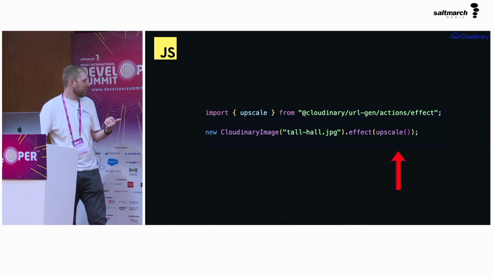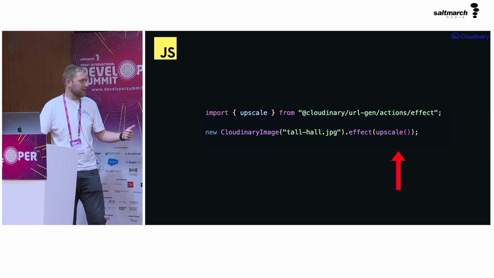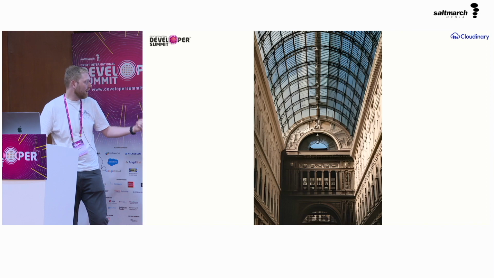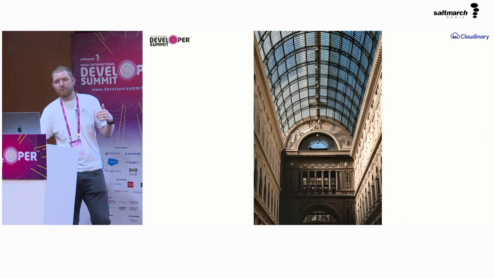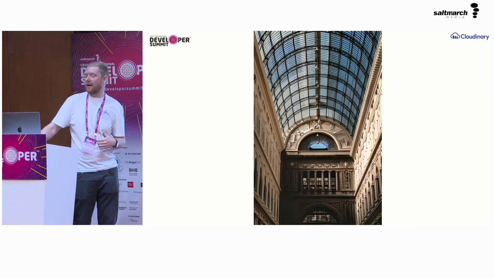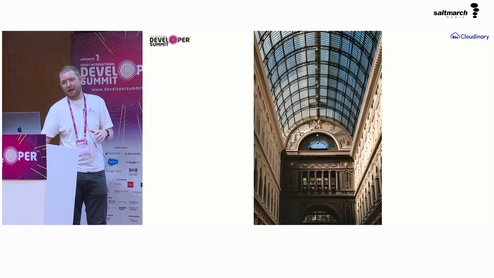But by using an upscale effect instead, we can render that image at the same size, but with AI we've been able to fill in all of that detail and really bring out the fidelity and allow it to be used on your site in that much larger size.